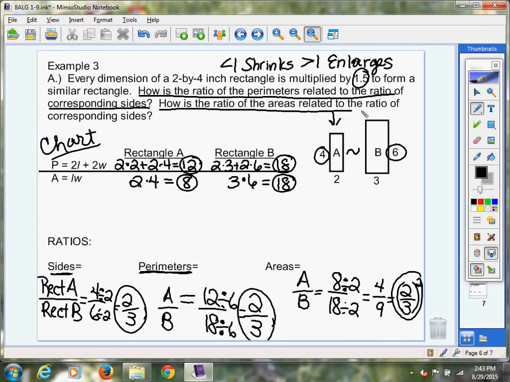How is the ratio of the areas related to the ratio of the corresponding sides? All I have to do is square the ratio of the sides, and I'll have the ratio of the areas, which would be 4/9.